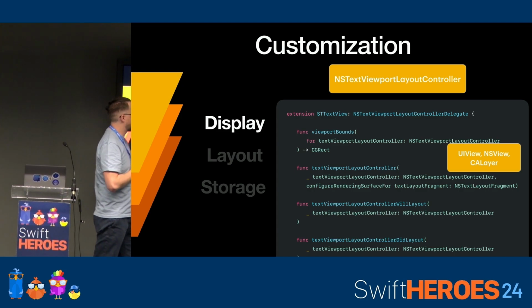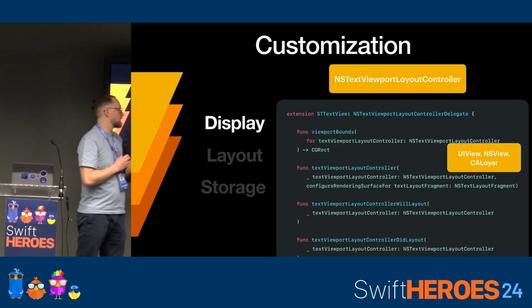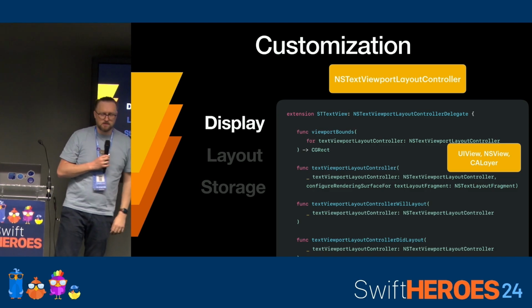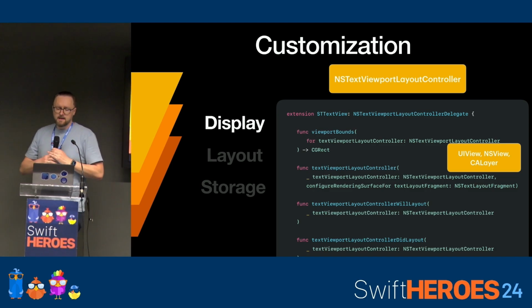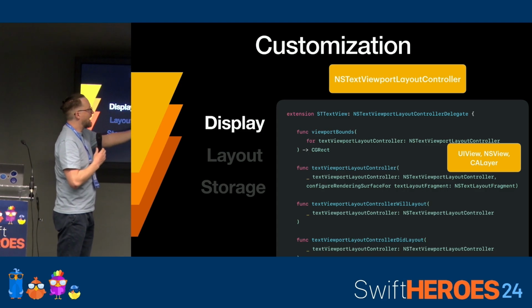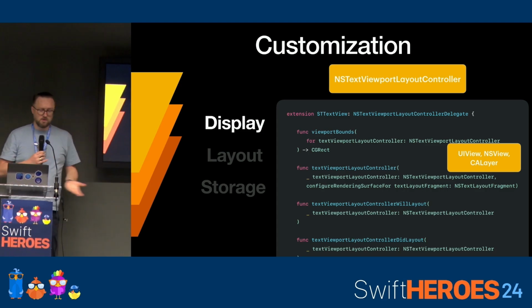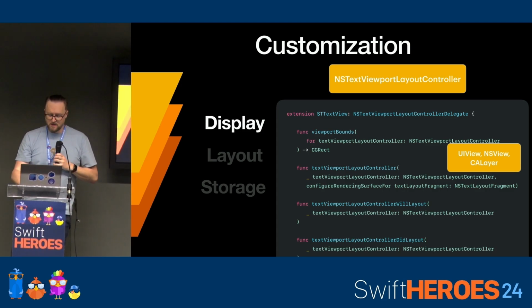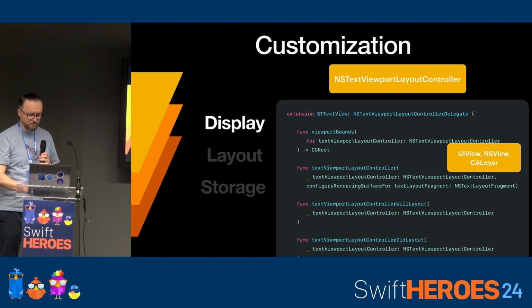And of course, that's a great idea and works great. So there's a dedicated controller for that. What we have to do as providers is say how big the view window is.